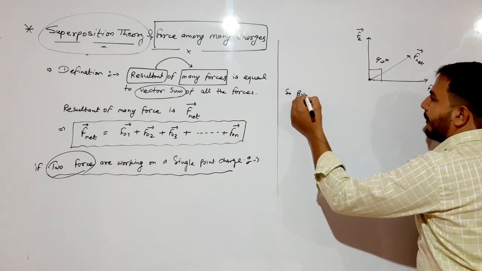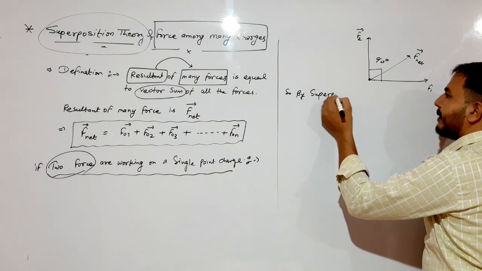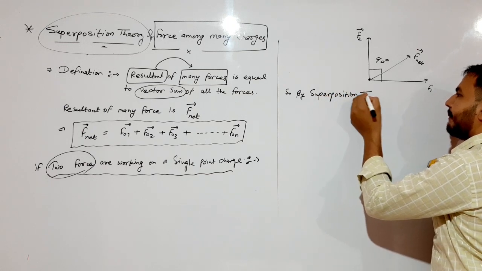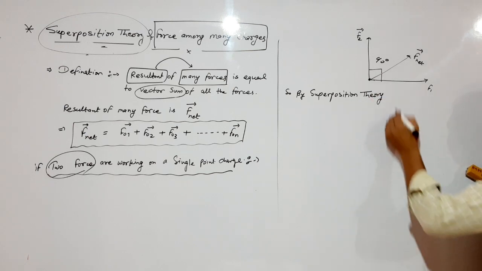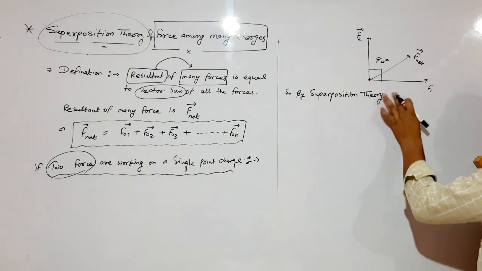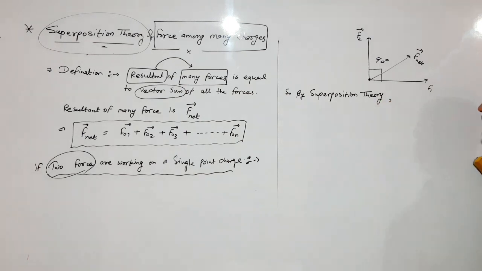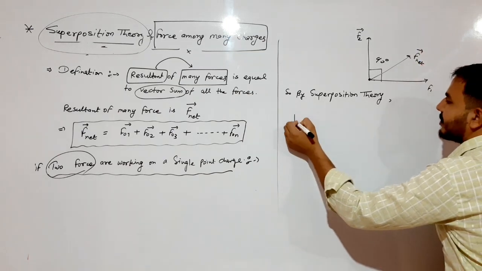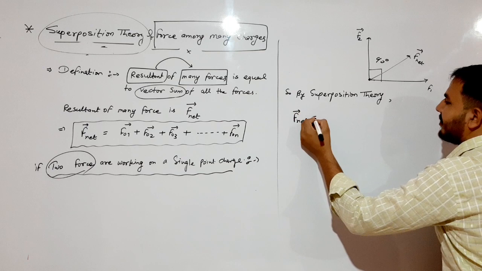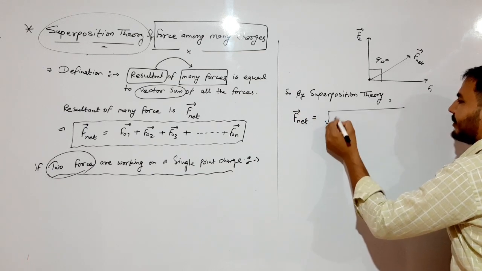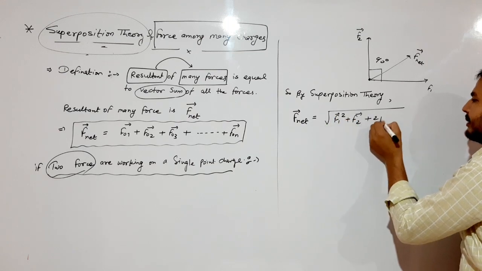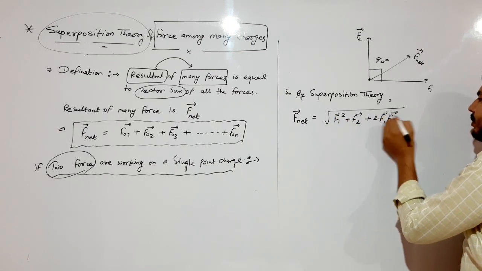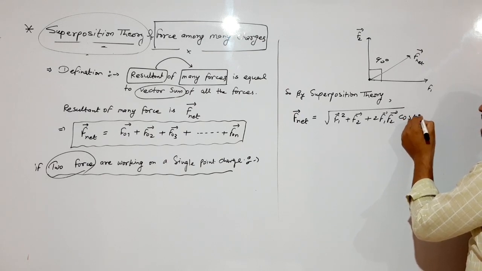So by superposition theory, the resultant force F net is equal to the square root of F1 square plus F2 square plus 2 F1 F2 cos theta.